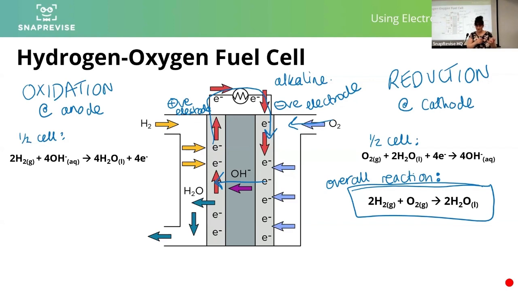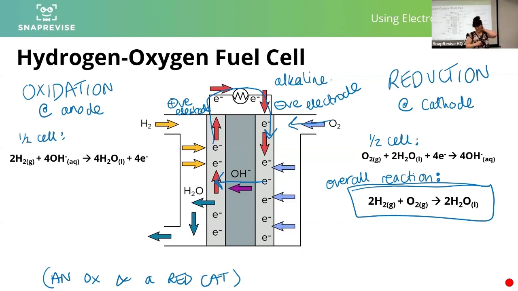So you can work it out like that, or you can use the phrase which you probably learned at GCSE, which is An Ox and a Red Cat. You may or may not have learnt it, but anyway, An Ox and a Red Cat. So anode is oxidation, reduction is cathode.